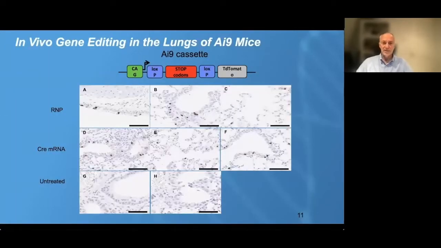So the final question is, can we translate this to an in vivo model? Well, there aren't suitable CF mouse models at the moment that we know of. So we used a model system, the Ai9 transgenic mouse, which contains the tdTomato reporter, and upstream of that, there's a stop codon cassette that blocks expression of the tdTomato.